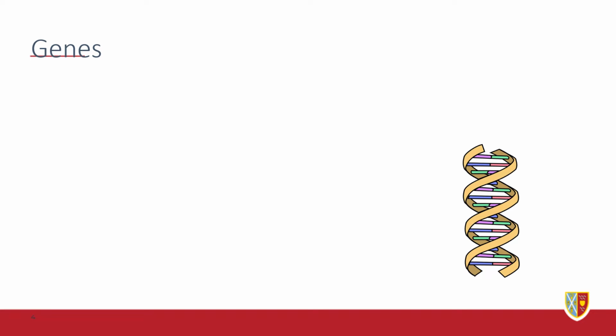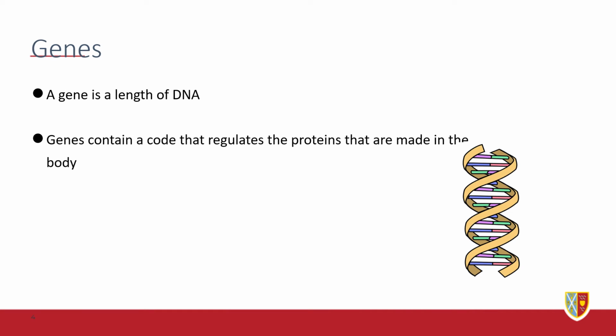So we'll move on to genes. If a long section of DNA containing a number of different genes is a chromosome, then a gene is a length of DNA that codes for a characteristic. So it will control a hair color or an eye color or a skin color or whatever it is that we're talking about.